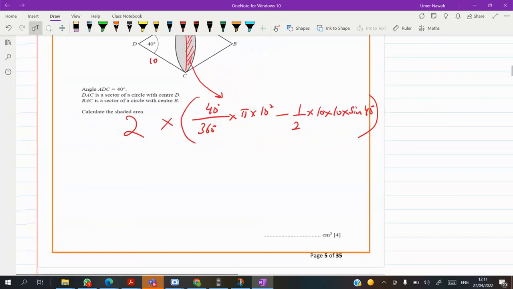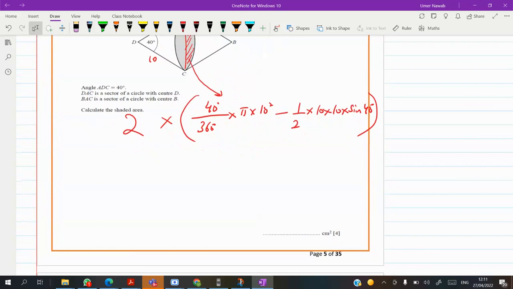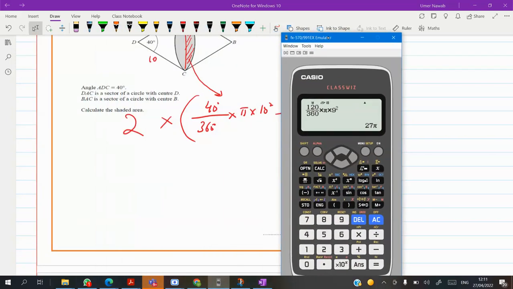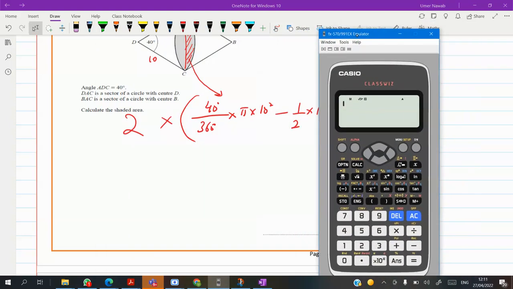If you want me, I can calculate it by putting the numbers here on a calculator display.